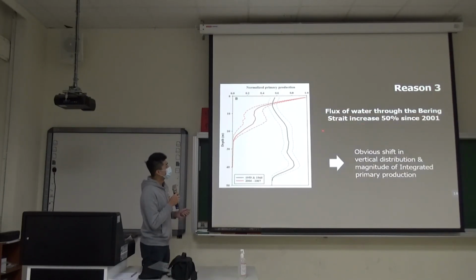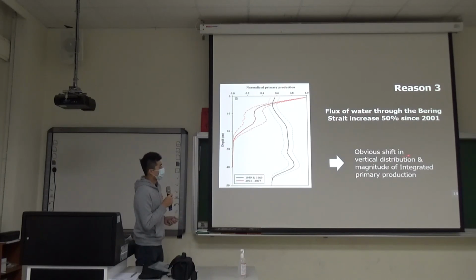And the next one is the flux of the water to the Bering Strait has increased 50% since 2001, which will bring more nutrient supply from the Pacific Ocean. And from all of this we can see the obvious shift of vertical distribution and magnitude of integrated primary production.